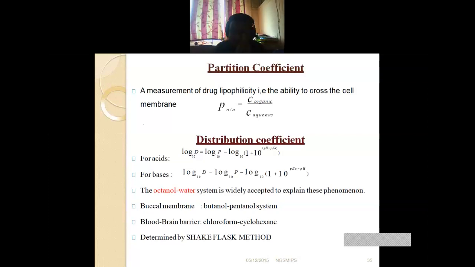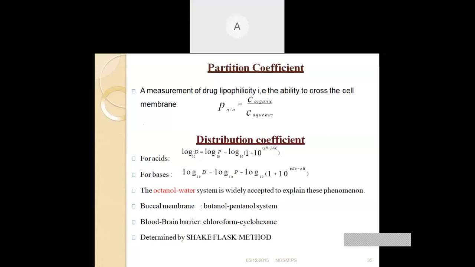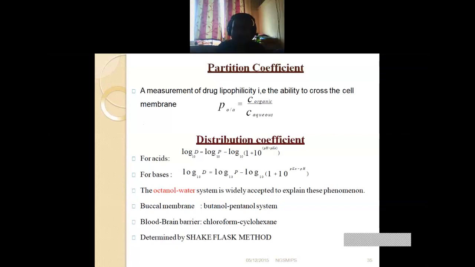Drugs that are highly lipid soluble easily permeate, because the membrane in our cells is prepared by lipids. They can easily cross the membrane. So that's why solubility is important. The partition coefficient is calculated as P o/w equals C organic divided by C aqueous.